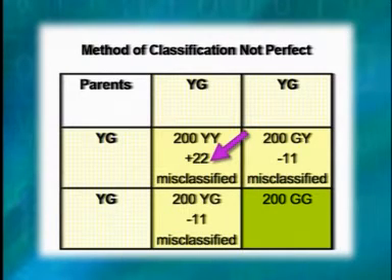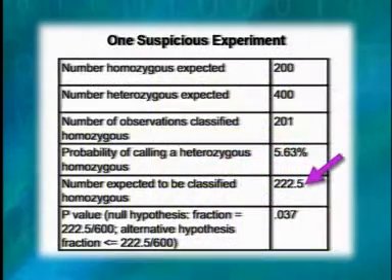So what Fisher pointed out was that the actual expectation for that square of the classification of plants should have wrongly classified 22 extra plants as homozygous that actually were heterozygous. So the actual expectation from the experiment should have been 222.5, not the 200, which was the expected outcome for the plants that are really homozygous.